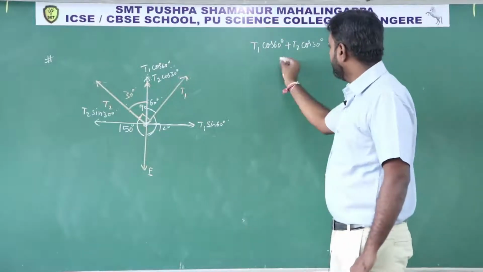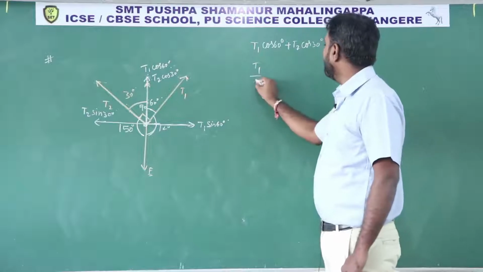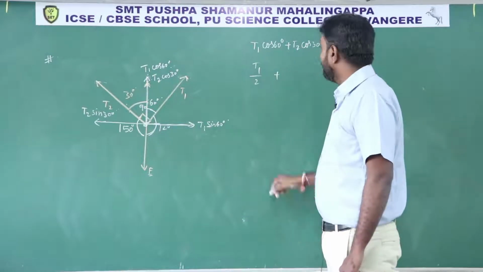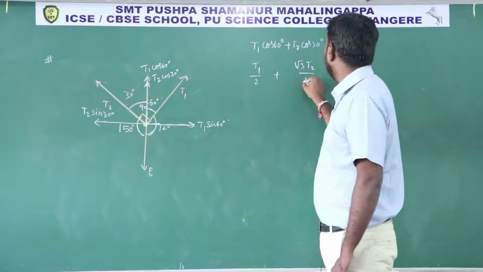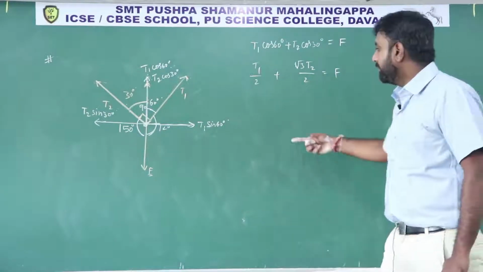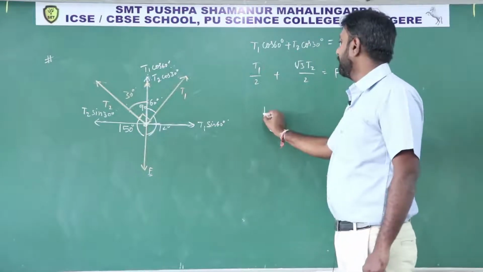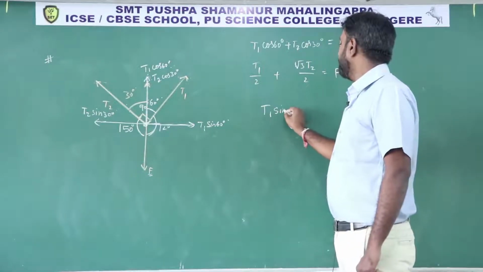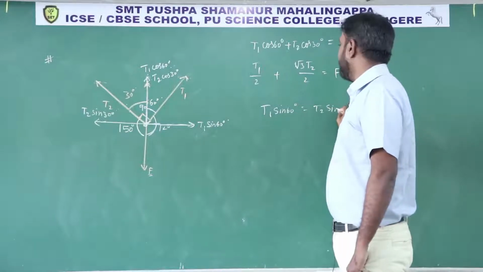Next, we see the value: T1 cos 60 means T1 by 2, plus T2 cos 30 means root 3 T2 by 2, is equal to F. And then in the x direction, the forces T1 sin 60 equals T2 sin 30, both are balancing.